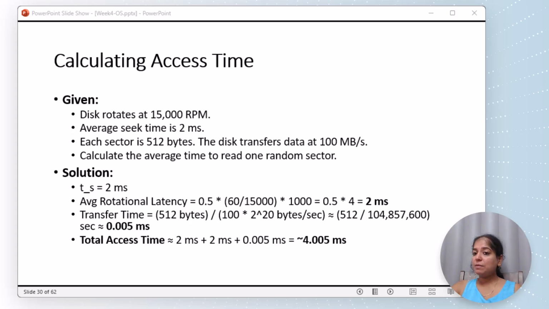The transfer time will be 512 divided by 100 megabytes per second, which comes out to approximately 0.005 milliseconds. And the total time will be 4.005 milliseconds. So we use seek plus latency time.